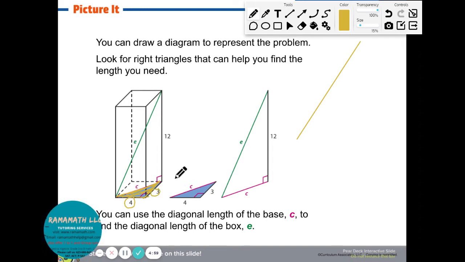Why? How? I use the Pythagorean theorem. And once I have this one, I'm going to use it as another leg, and this one as the other leg, and I'm going to find the longest diagonal.